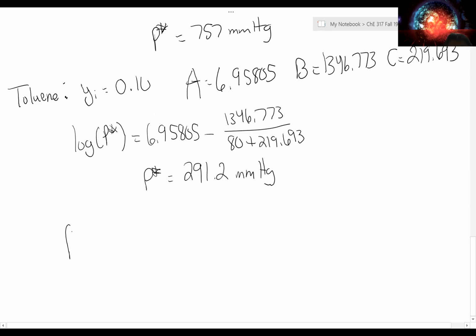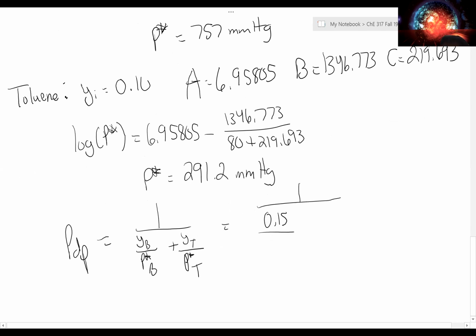So to find that dew point pressure, I have 1 over Y of benzene over the vapor pressure of benzene, plus Y of toluene over the vapor pressure of toluene. So I have 1 over 0.15 over 757 millimeters of mercury plus 0.1 over 291.2 millimeters of mercury.